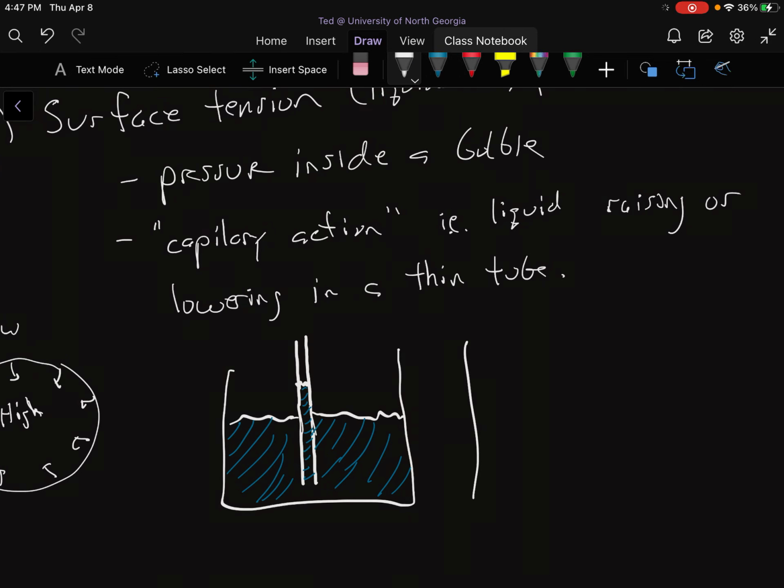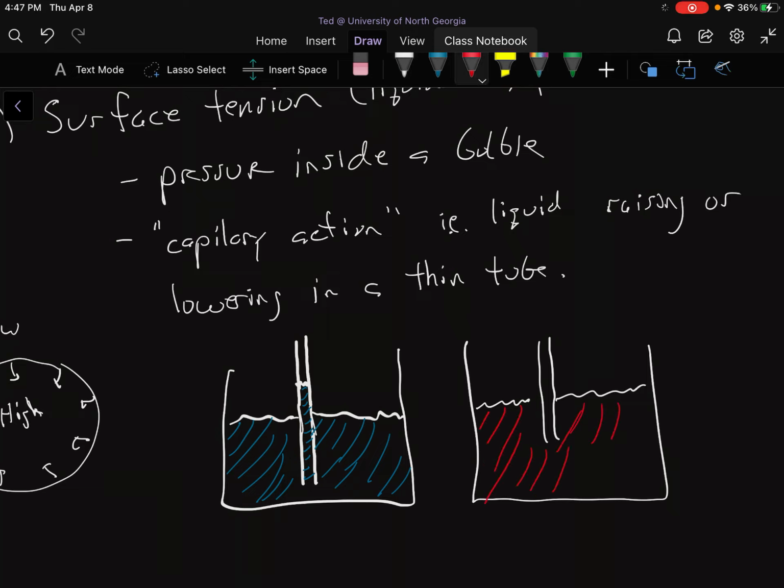It's actually also possible if we had a different liquid in the jar. Maybe this time I'll use a red liquid instead of a blue liquid. So if we have a different liquid in this jar, it's also possible that the level would be depressed. Instead of having the fluid go up the tube, we could have the fluid going down the tube, being depressed instead of being raised up.